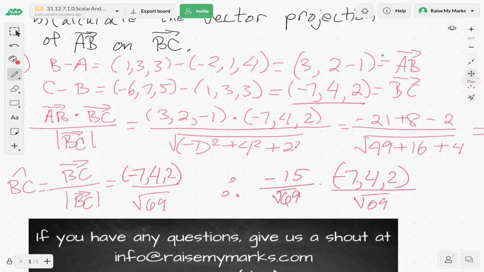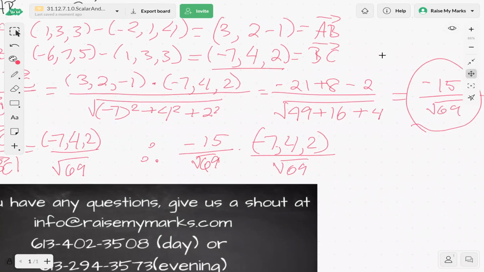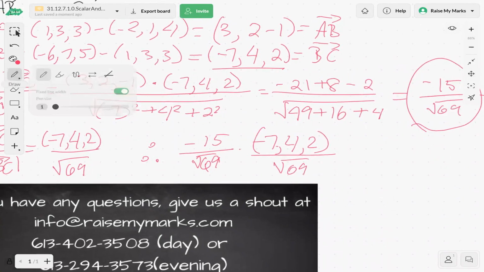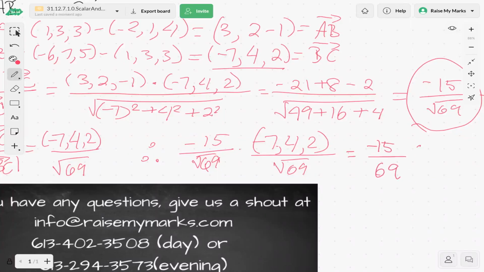Well, this is handy. The square root of 69s, we can multiply them together. We actually get negative 15 over 69 times this vector, negative 7, 4, 2. Maybe in this case, it's better not to use an approximation for the scalar projection and just go with the negative 15 over 69 because it simplifies quite nicely.